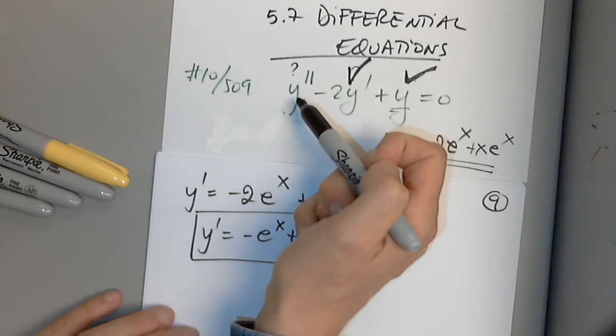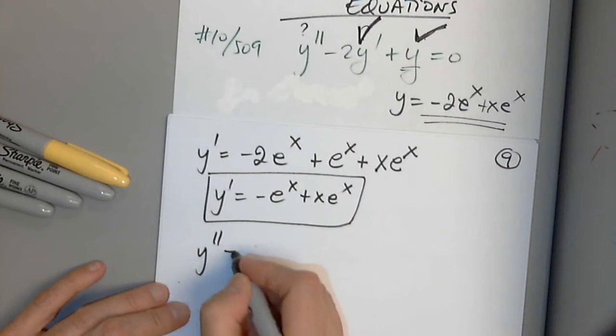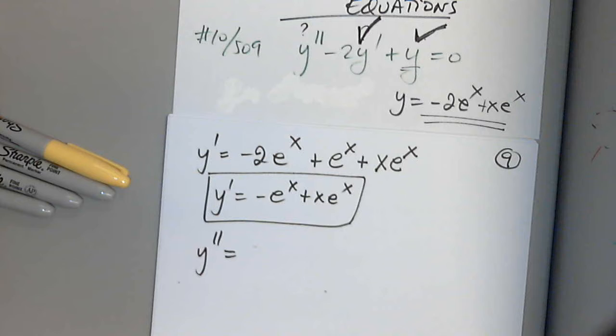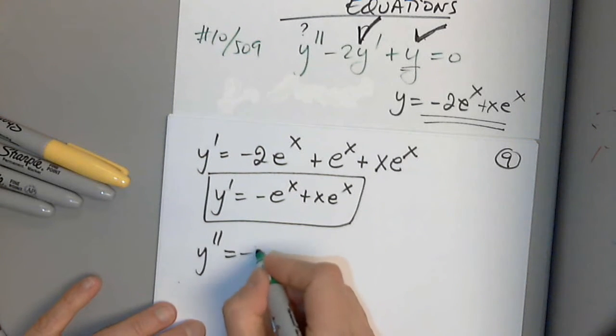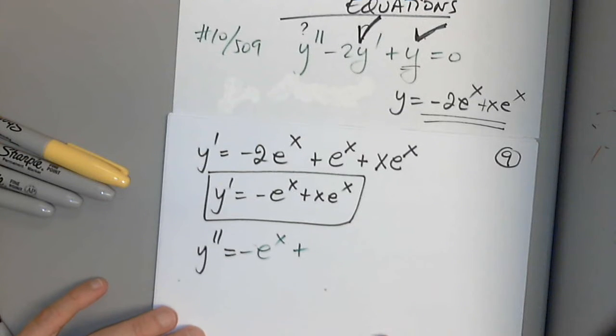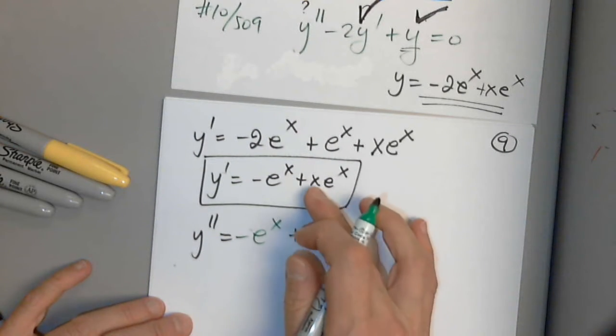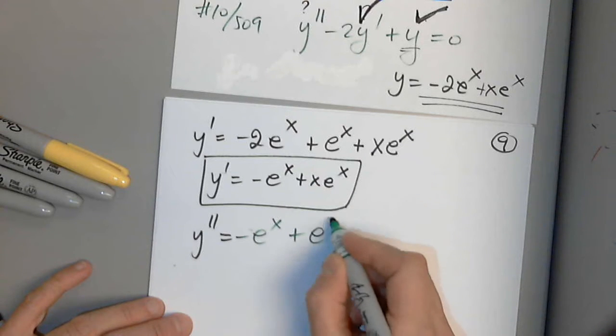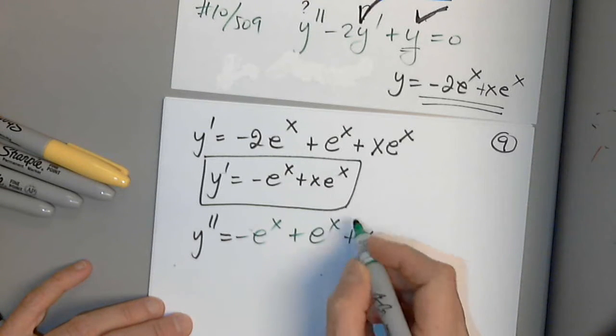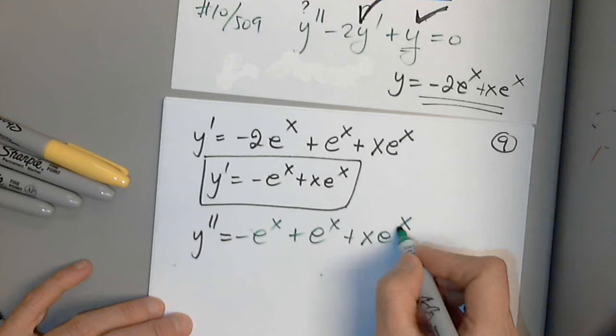Now I'm looking at y double prime. Can anyone dictate? Y double prime is negative e to the x plus x prime, which is 1, times e to the x plus x times e to the x prime.